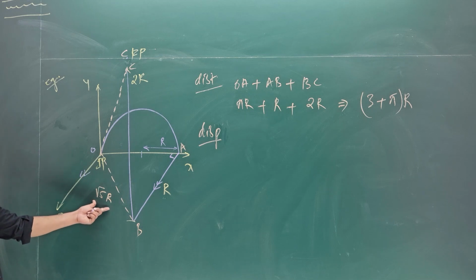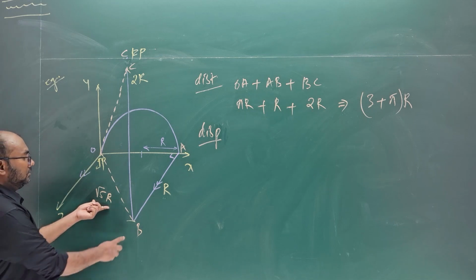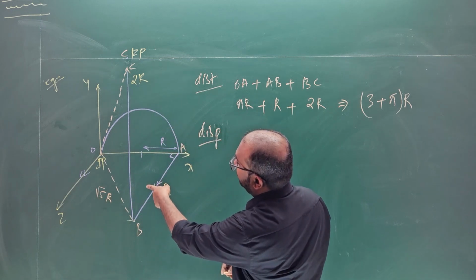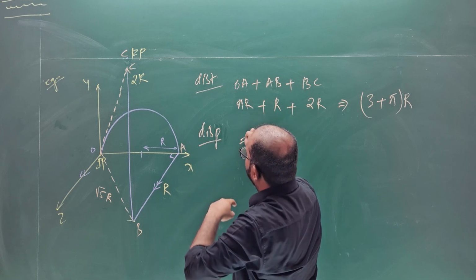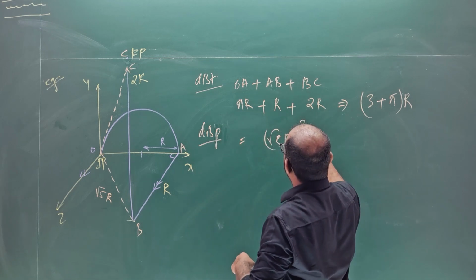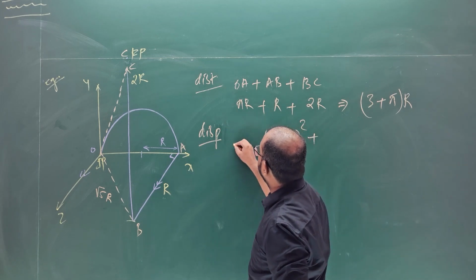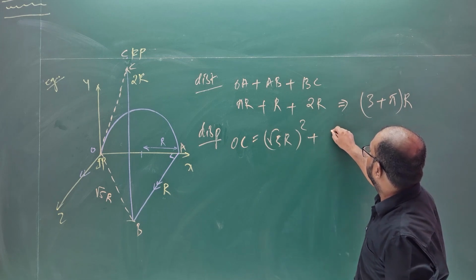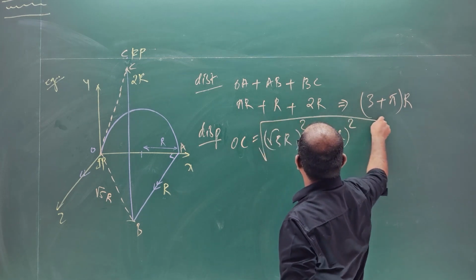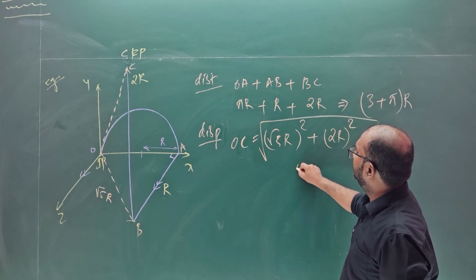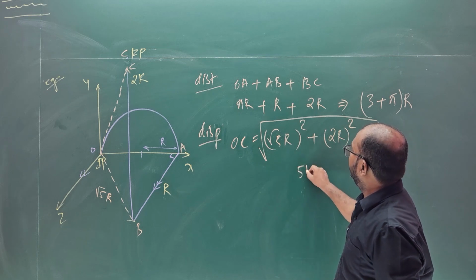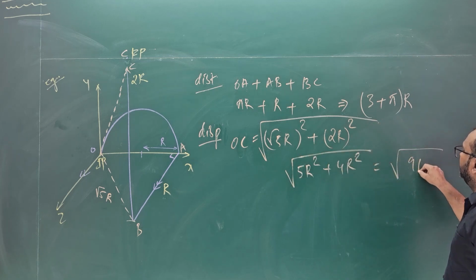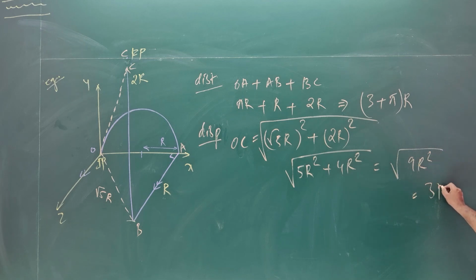If OB is root 5r, and this is 2r, then to calculate OC, root 5r square plus 2r square, that is 5r square plus 4r square, which is nothing but 9r square, and this is nothing but 3r.